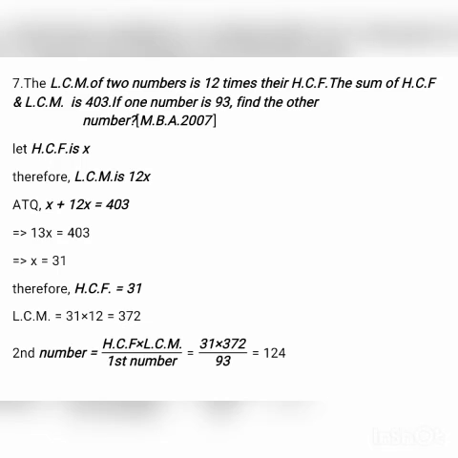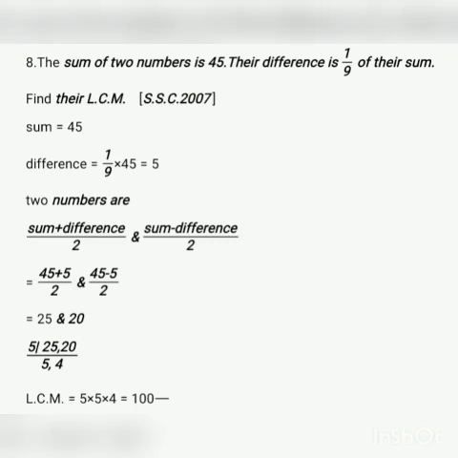Putting the values in the respective places, we will get the second number, that is 31 x 372 / 93 equal to 124. Our next problem is: the sum of two numbers is 45. Their difference is 1/9 of their sum. Find their LCM. SSC 2007.